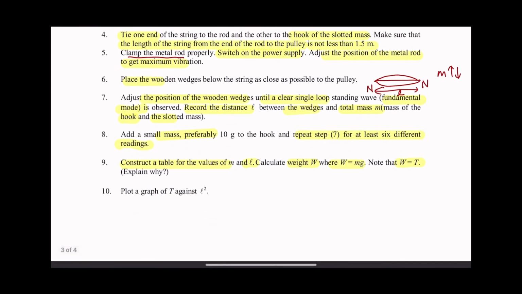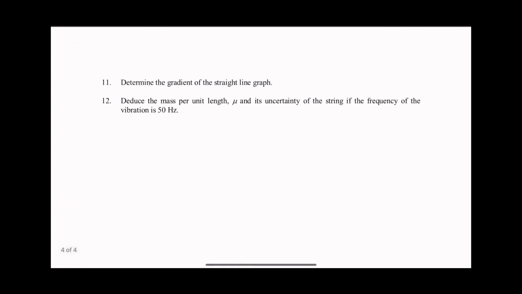Then plot a graph of T against L squared, and determine the gradient of the straight line graph. As you know, we did it earlier: we got T is equal to 4 mu F power of 2 L power of 2. Compare the equation with the Y and X axes of the graph, and here we get the gradient.